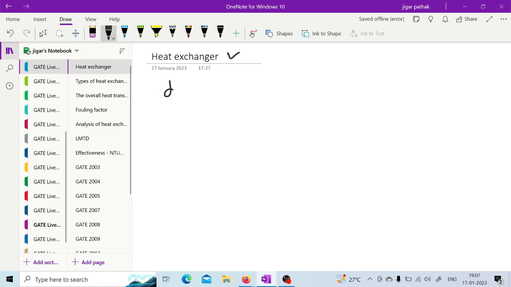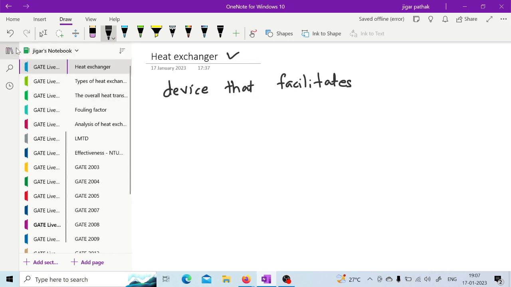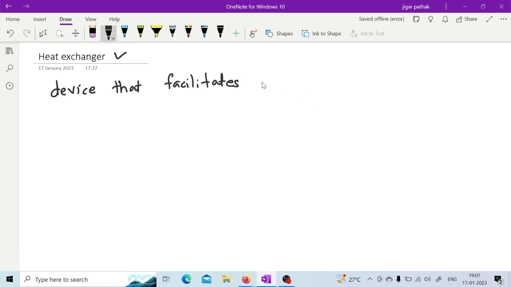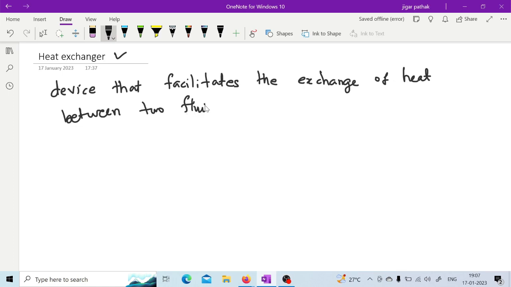So heat exchanger is basically a device that facilitates the exchange of heat between two fluids that are at different temperatures without mixing them.